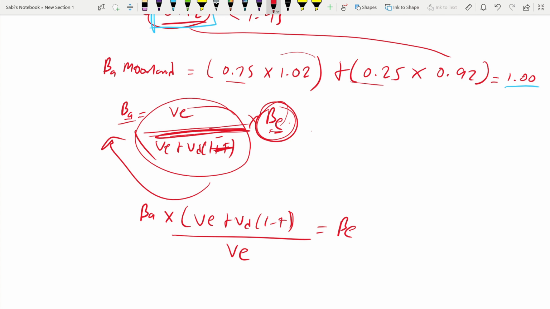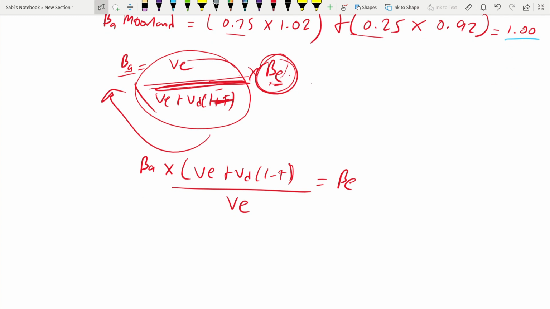So now use asset beta, which is given to you. What is it? 1. So that means it will not change anything. 1 multiplied by. So what is the value of equity this time? Remember, now you know the entire business. 50-50.